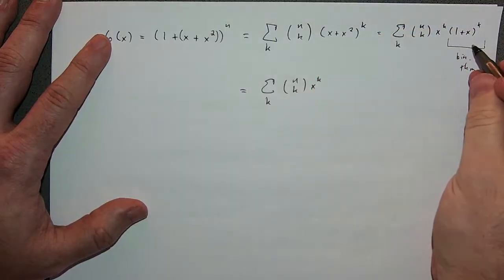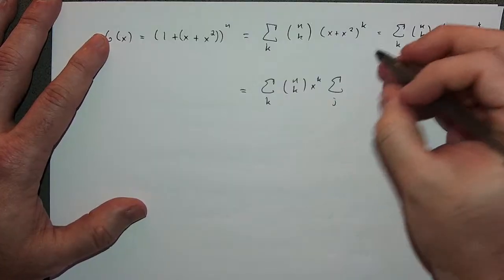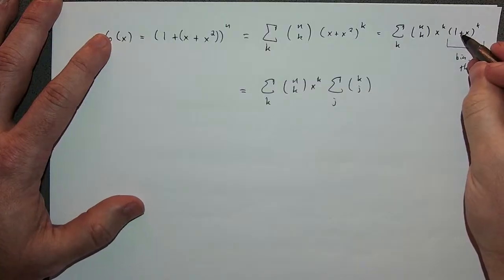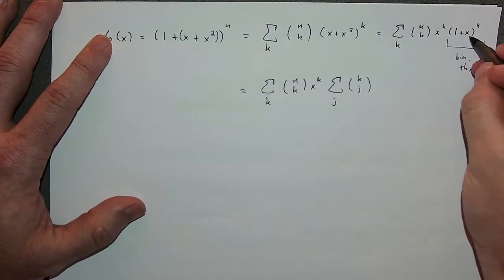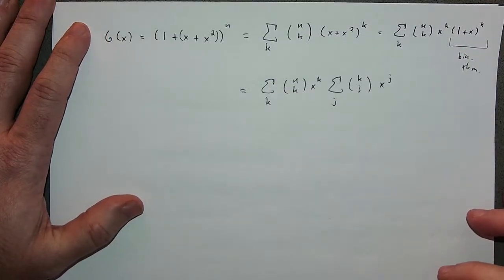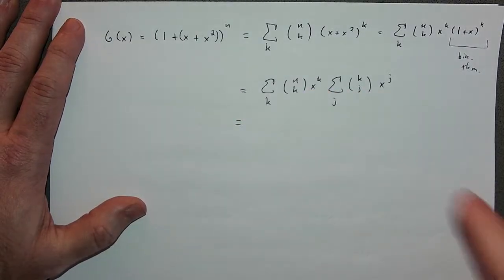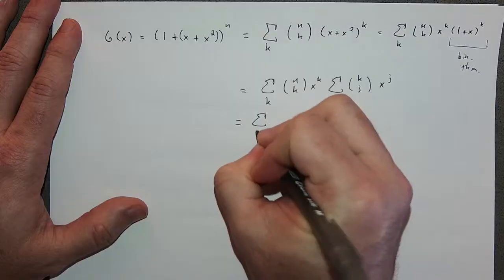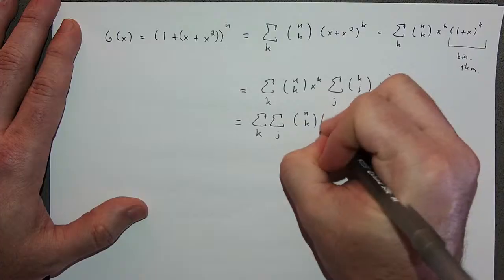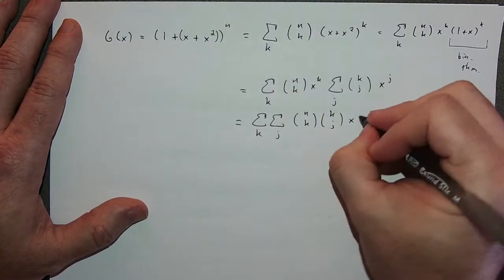Using the binomial theorem for this would be the sum over, say, j of k choose j, 1 to the k minus j is 1, x to the j is the other expression. Doing some algebra here and simplifying, this is the sum over k, the sum over j of n choose k times k choose j times x to the k plus j.